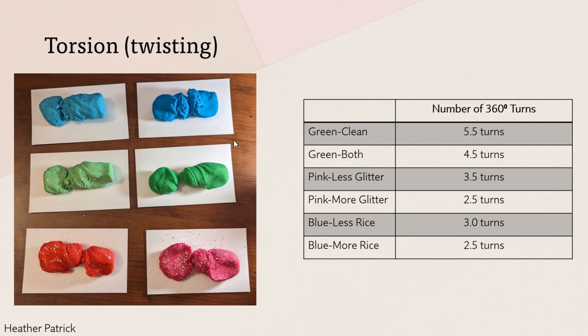Still Play-Doh, twist very well, clear Play-Doh, just twist very well. And we had that the pink and the blue, the ones packed with more impurities, had less resistance to turns. When I twisted the sample, as soon as it broke off, that's when I did my cutoff point.